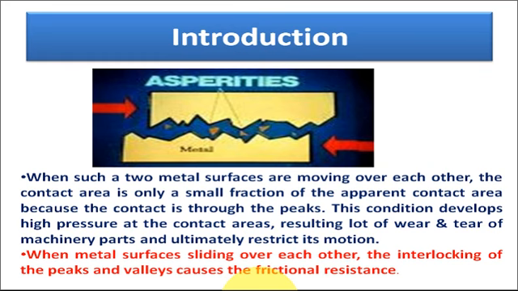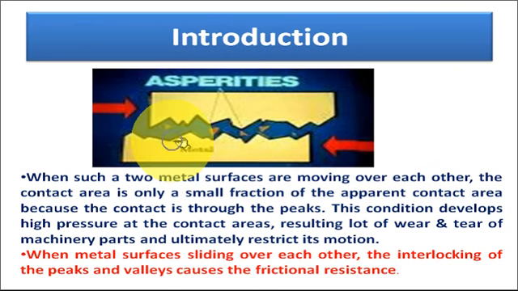Basically, when metal surfaces have a peaks and valleys like structure, this causes frictional resistance. Why? Because when two such metal surfaces move against each other, the contact area is only a small fraction of the apparent total contact area, because the contact is through the peaks.